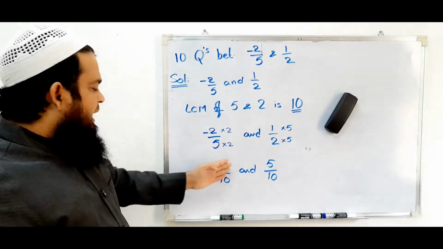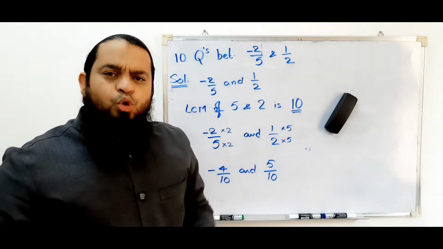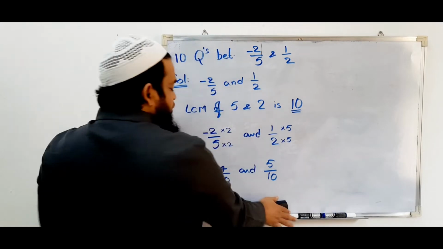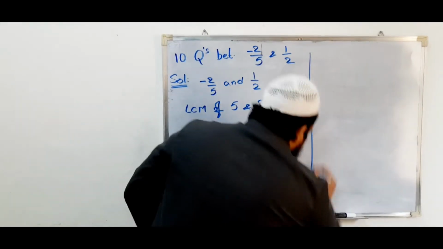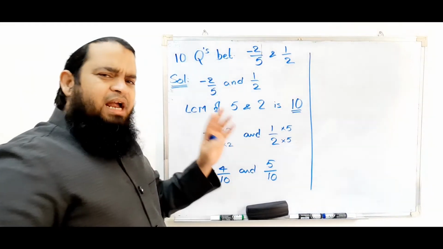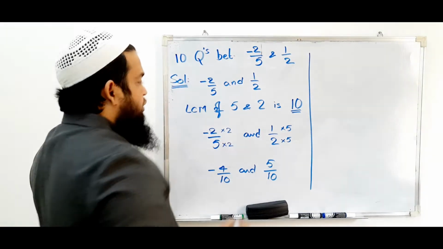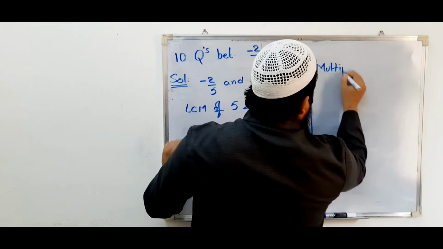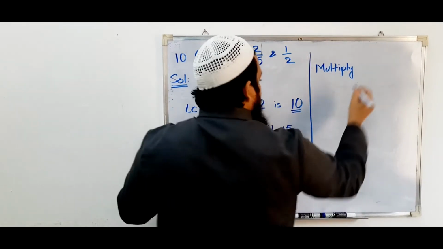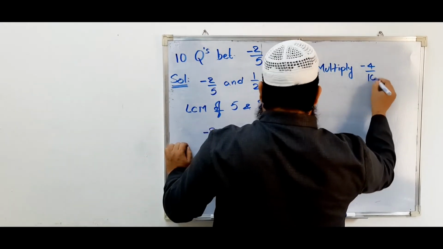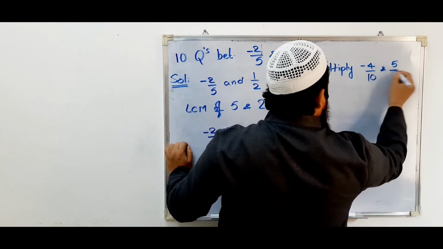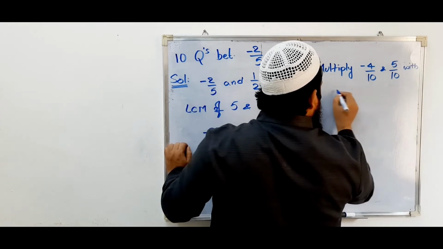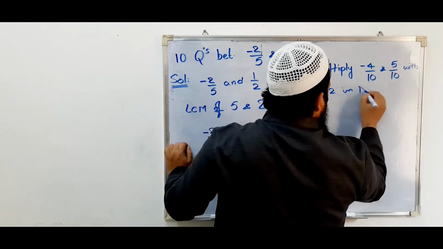So multiply the numerator and denominator with 2. Since now you are able to get 8 rational numbers, multiply with 2. So just write the step. Multiply minus 4 by 10 and 5 by 10 with 2 in numerator and denominator.